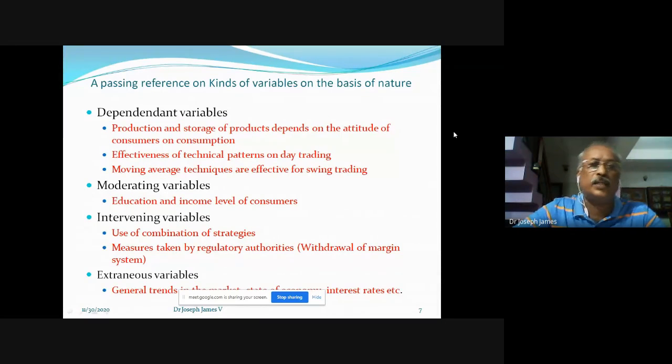But we have different averages: arithmetic mean, median, mode, then geometric mean, harmonic mean, or moving average, etc. are the different types of averages.